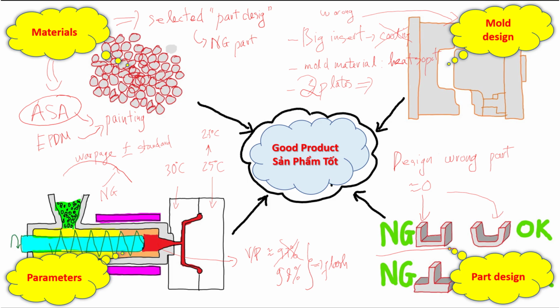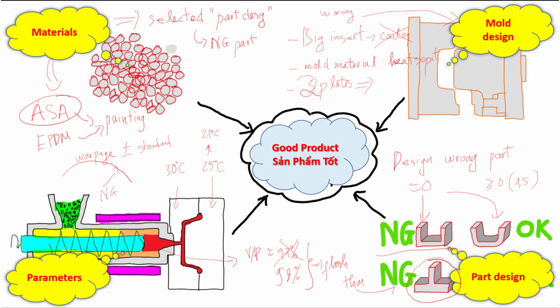You need to design with more than 0 degrees, for example, around 1.5 degrees. Also, with some big ribs, if you design the thickness too thin, it can lead to big shrinkage, and it can make your part surface and part appearance NG. So the customers will reject the parts, because no one buys a defective product.